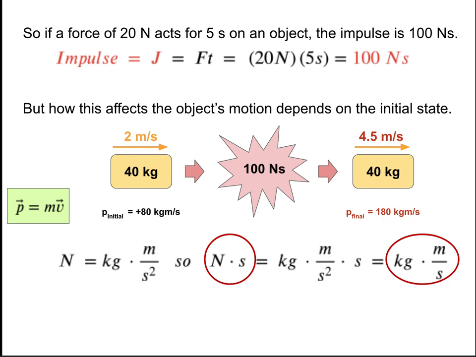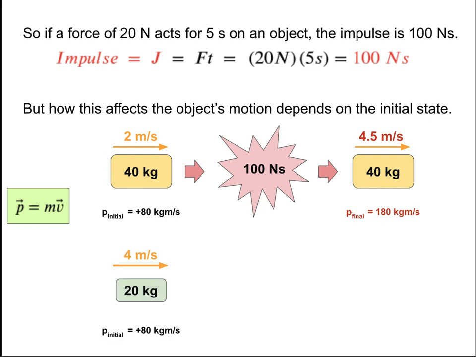So let's now take a look at a different object, but an object that actually has the same amount of initial momentum as the yellow one up above. So this one has a mass of 20, but its speed is higher, 4 meters per second. So they have the same amount of momentum, 20 times 4.